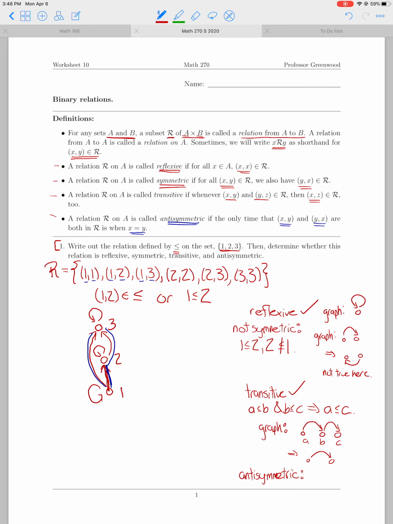And so for this particular example, if A is less than or equal to B and B is less than or equal to A, then we do know that that does imply that A would have to be equal to B. There's no way we can have that relationship both ways, and so it is antisymmetric. All right, and then I also want to think about, again, what that means in terms of a graph for a relation.